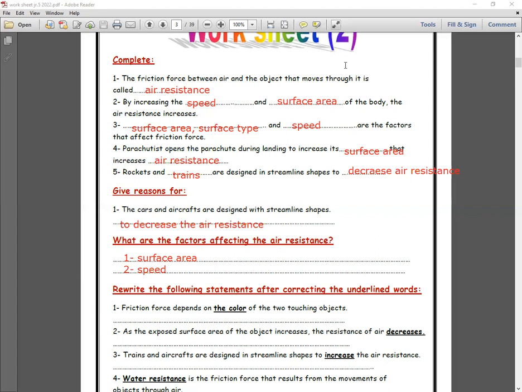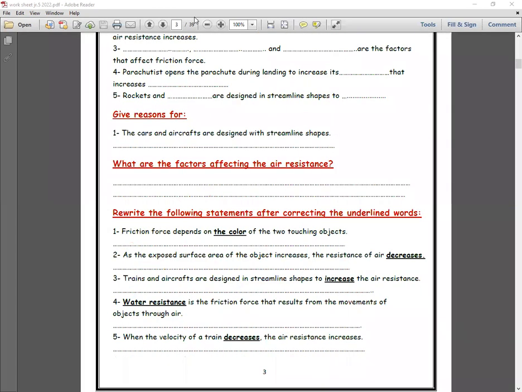Rewrite the following. Friction force depends on the color of the 2 touching surfaces. No, the 2 touching surfaces, so it will be the type of the surface material.